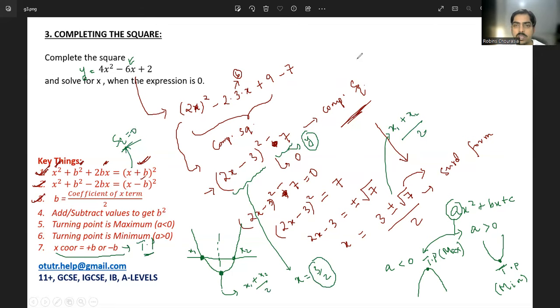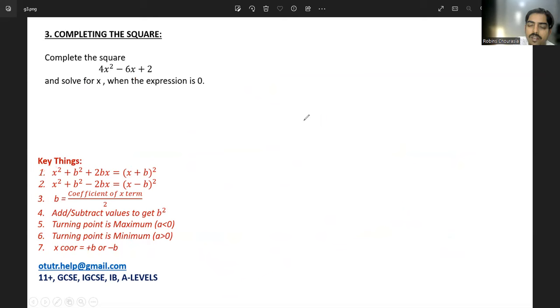So let me clear this. What I'm saying is, if you have a situation like y is equal to, let me take a random example, (ax plus b) square plus c. Let's say I have this.